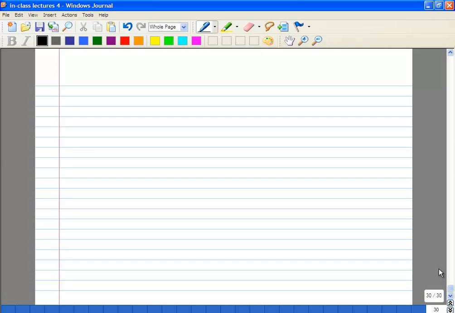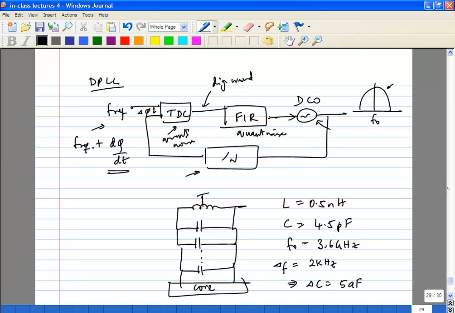If the input is digital and the output is also digital, where is the quantization? You want a certain accuracy on your capacitance control, but there is only a certain limit on the length of the digital word you can put in.